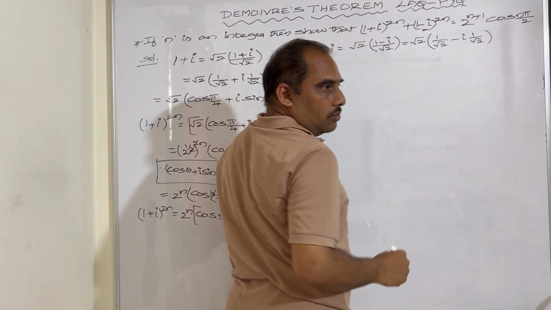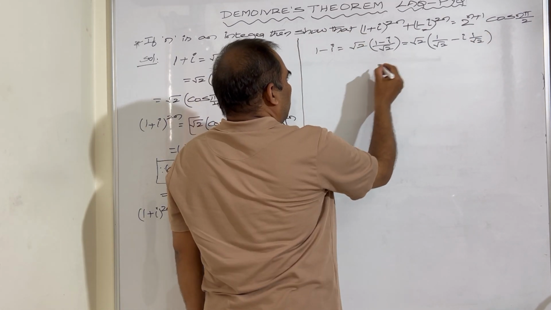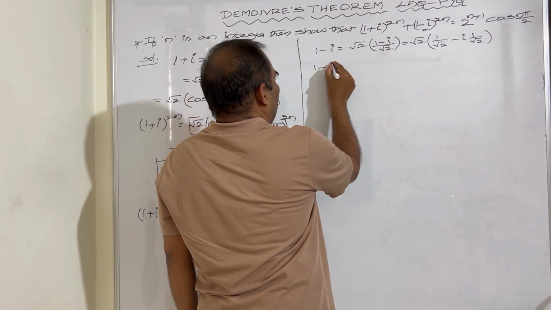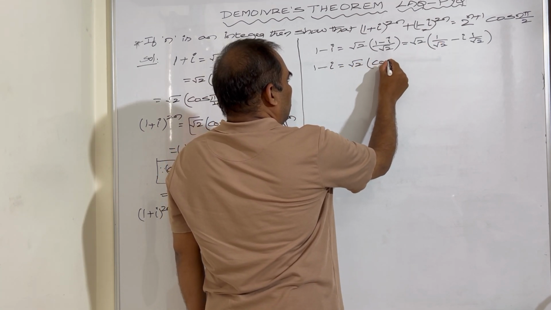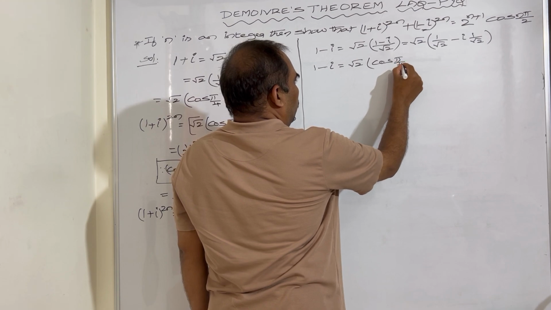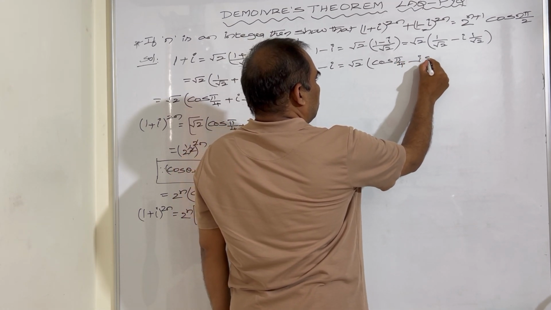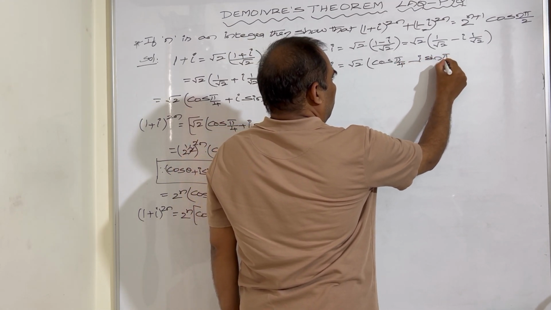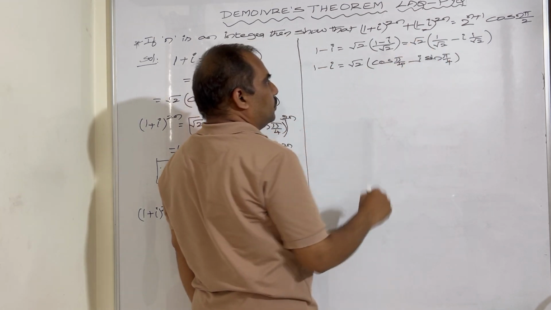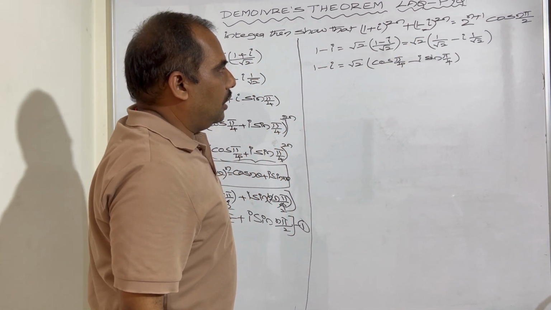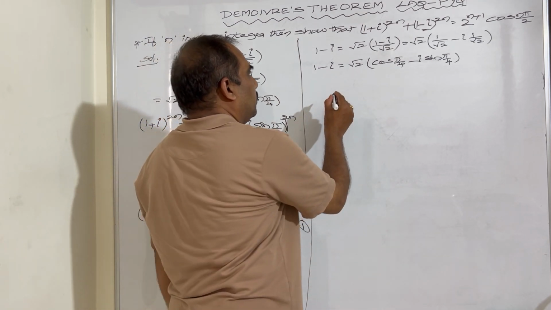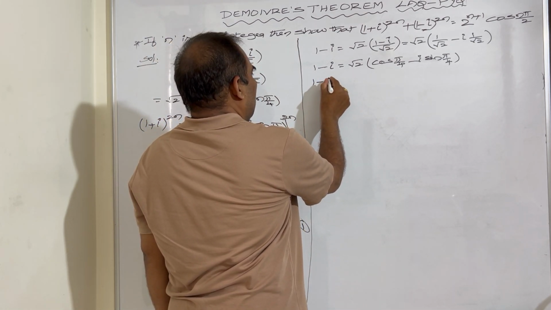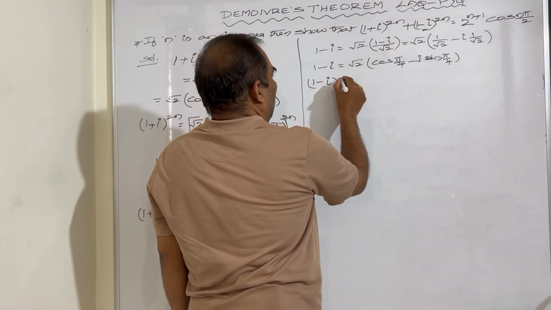Writing 1 by root 2 as cos π/4 and sin π/4, it can be written as root 2 into (cos π/4 − i sin π/4). So now we have 1 − i whole to the power of 2n.